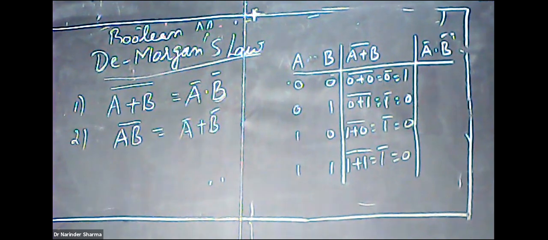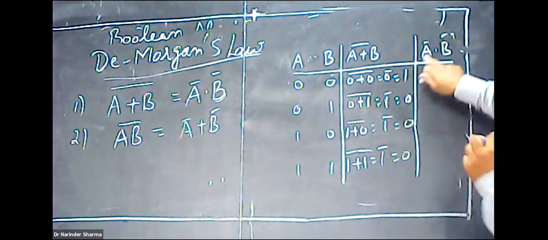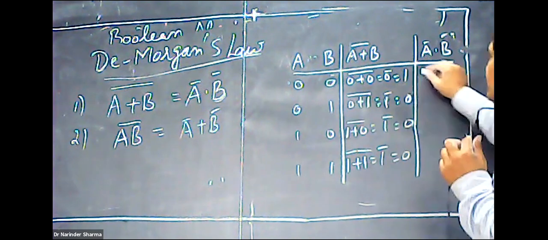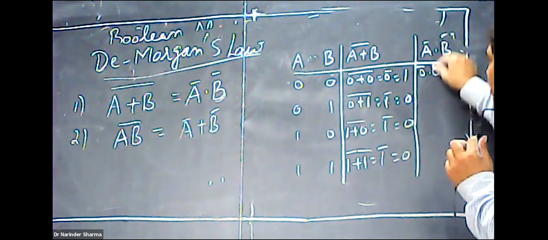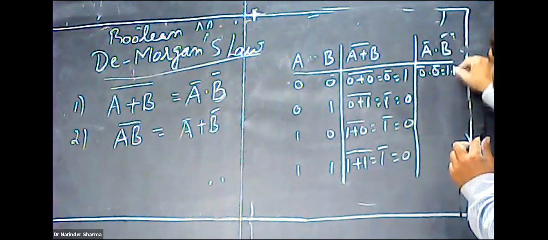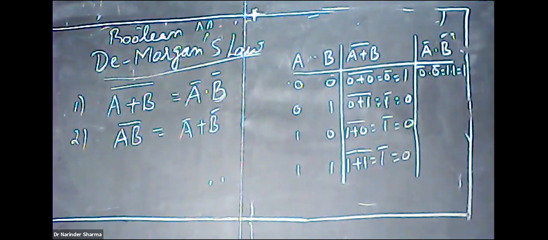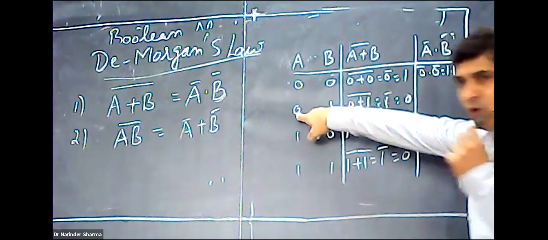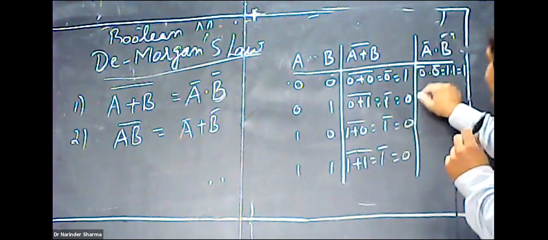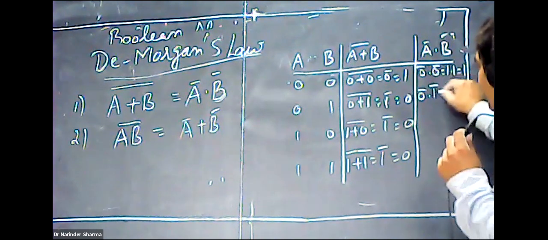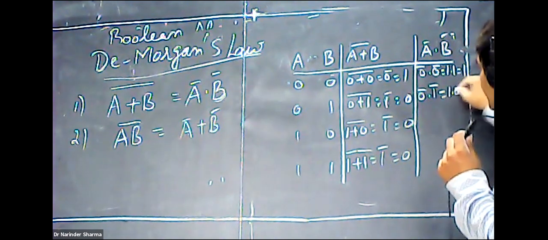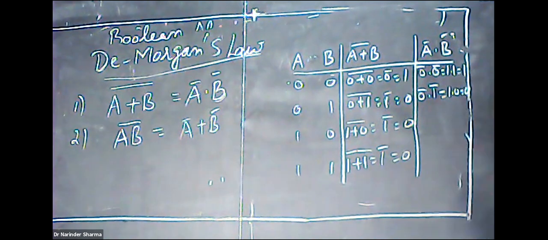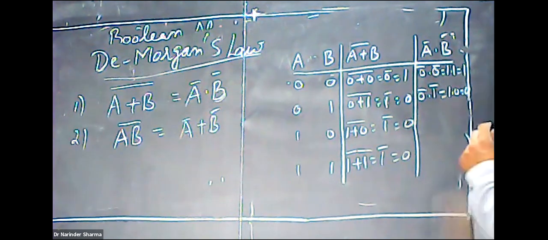Now we will apply it towards the right hand side. It is A bar into B bar. 0 bar into 0 bar is 1 into 1, equal to 1. Now A is 0, B is 1. I'll write 0 bar into 1 bar, that equals 1 into 0, equal to 0.